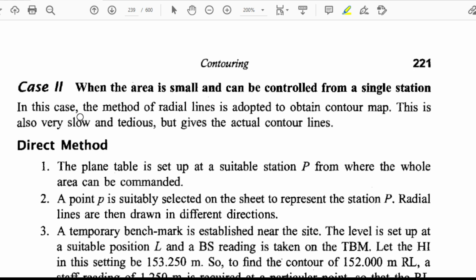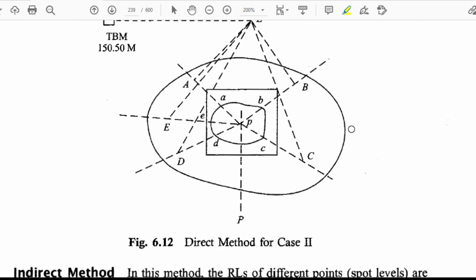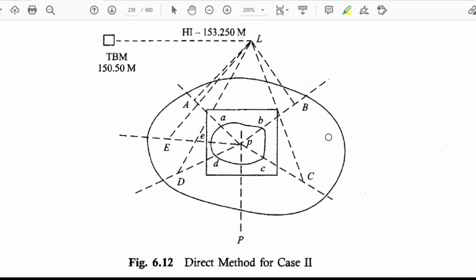In this case, the method of radial lines is adopted to obtain contour maps. This is also very slow and tedious, but gives the actual contour lines. This is the diagram which gives the exact interpretation of direct method for case 2. This is your plane table.